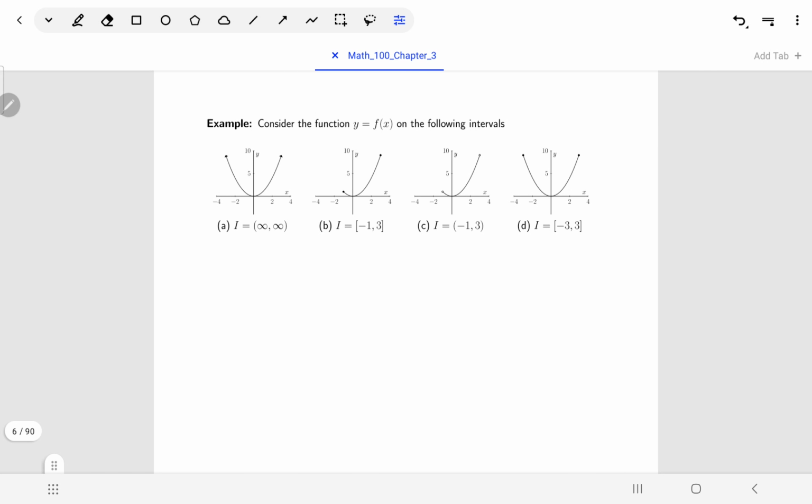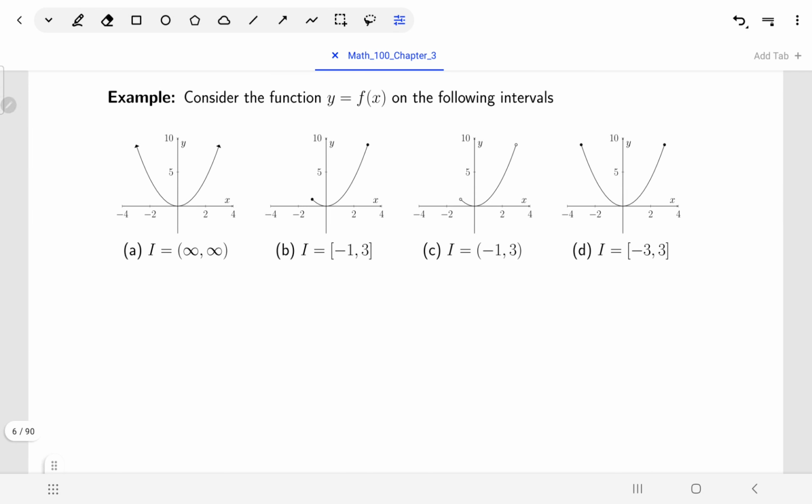So if we're taking a look at this problem, here is basically our old friend, the parabola y equals x squared. But I have it on three different intervals. The first one is looking at the interval of all the real numbers. If I were looking at this parabola for all the real numbers, I would say that we definitely have a minimum, but we don't happen to have a maximum.